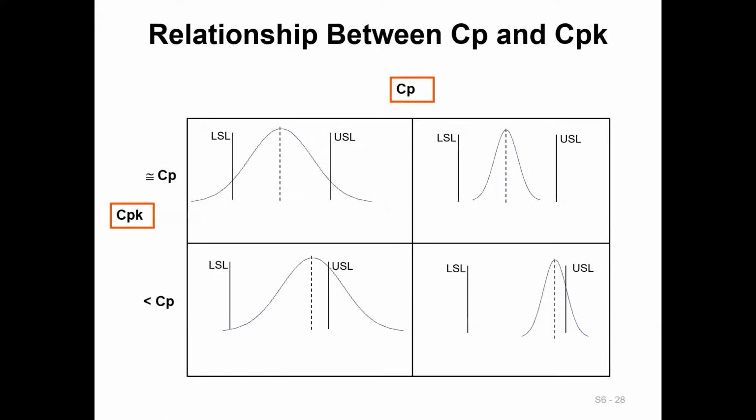Look at this scenario. There are 4 scenarios here. Out of these 4, only one process is able to reflect a good process capability. So this is the one. The other 3 are processes showing poor CPK.